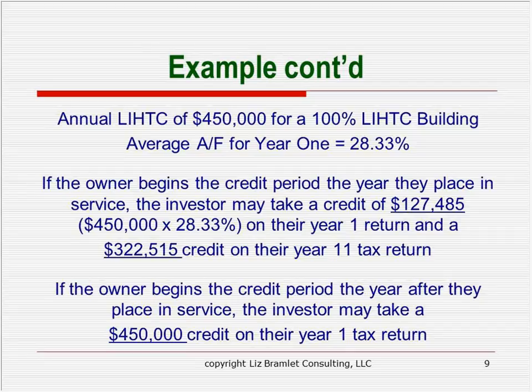But if, on the other hand, the owner begins the credit period the year after they place into service, then the investor will be able to take their entire $450,000 credit on the year one tax return, because they will begin year one with an applicable fraction of 100%.